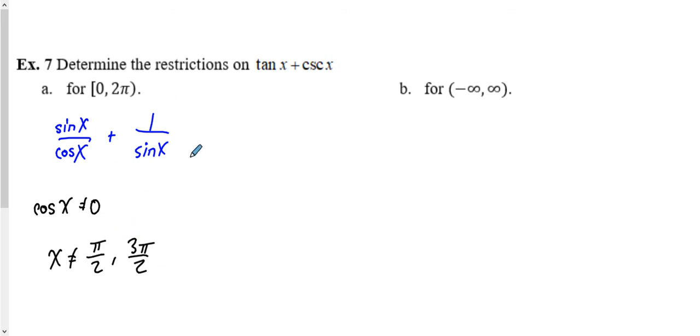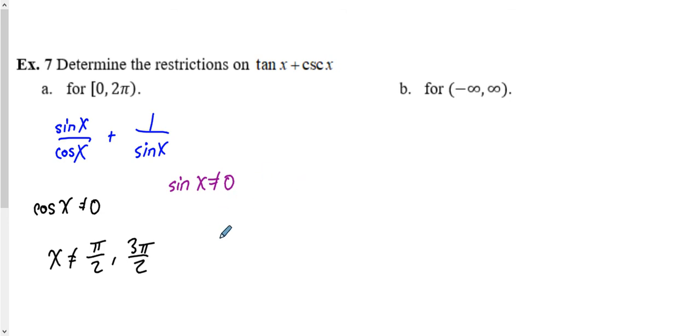On the second one here, sine x cannot equal 0. So where does that occur? Well, when does sine equal 0? Sine is 0 at 0 degrees, and at 180, that's the same thing as saying 0 and pi.